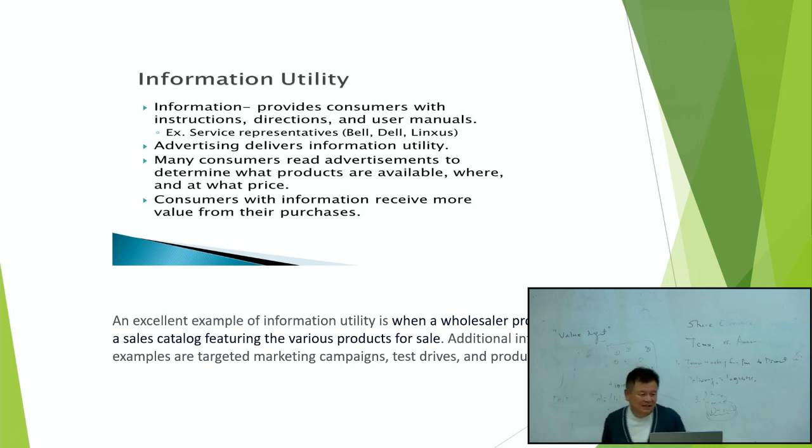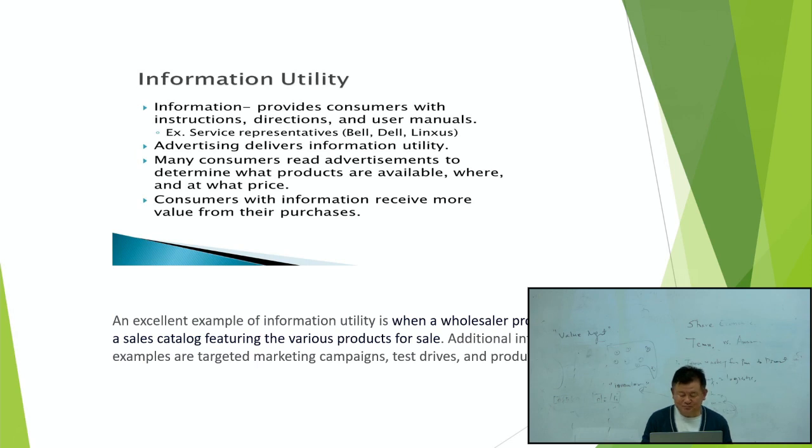Also, there are many companies using information utility for advertising on Google, TikTok, or something. Many consumers read advertisements to determine what products are available, where, when, and at what price.